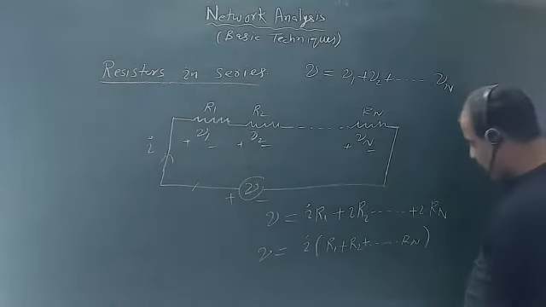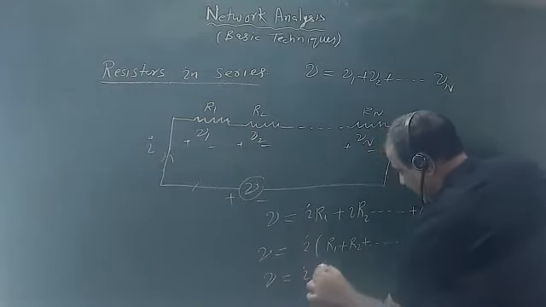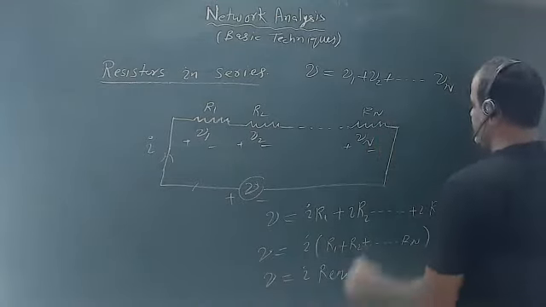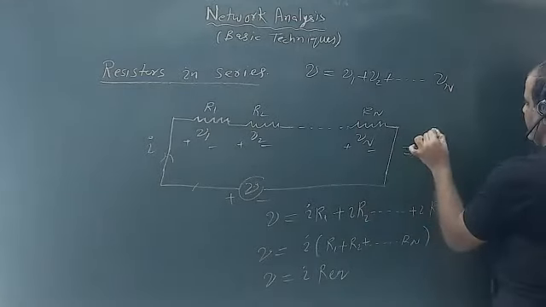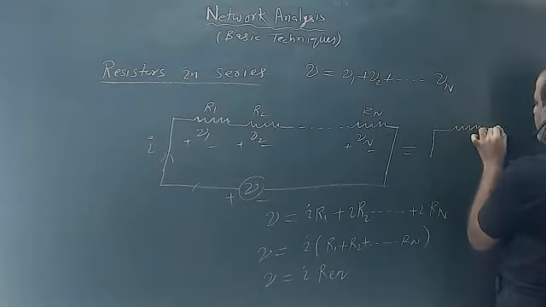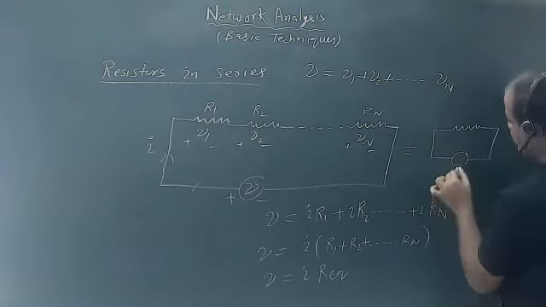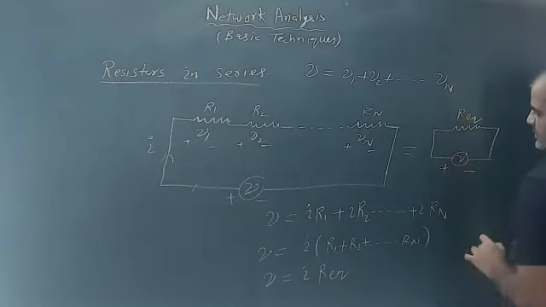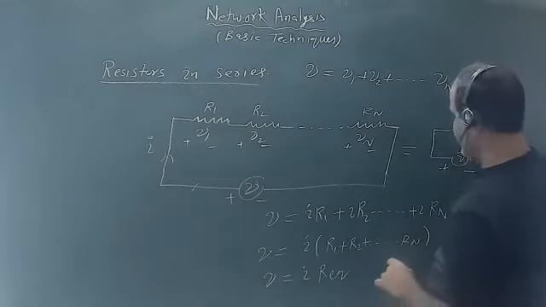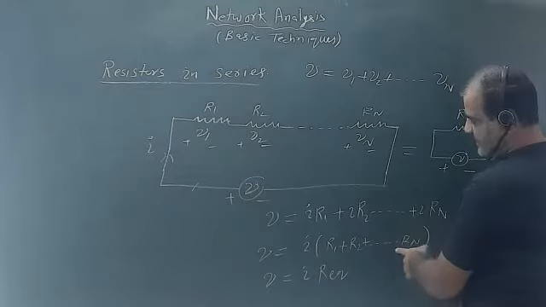Now this I can write V equals to I R equivalent. Okay, so if I replace these three resistances by equivalent resistance, so this is my V, plus minus, R equivalent. So that means R equivalent is equal to R1 plus R2 plus R3 plus Rn.